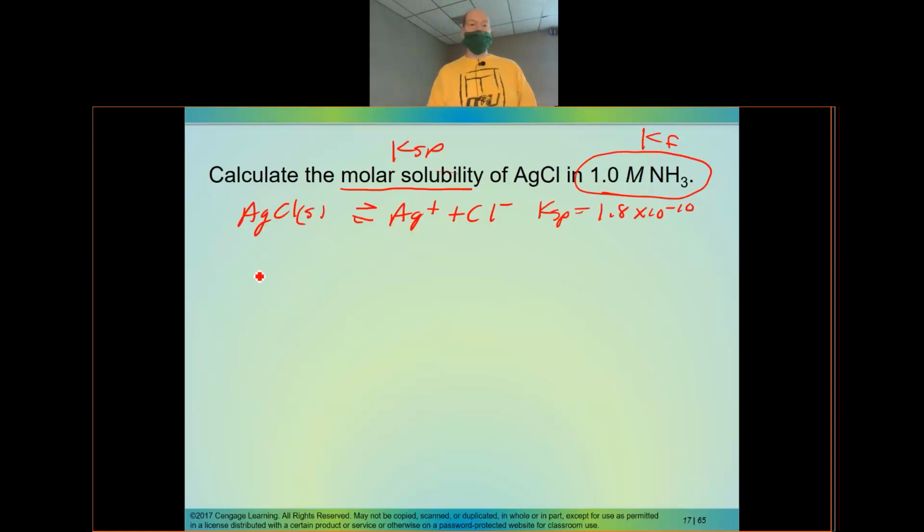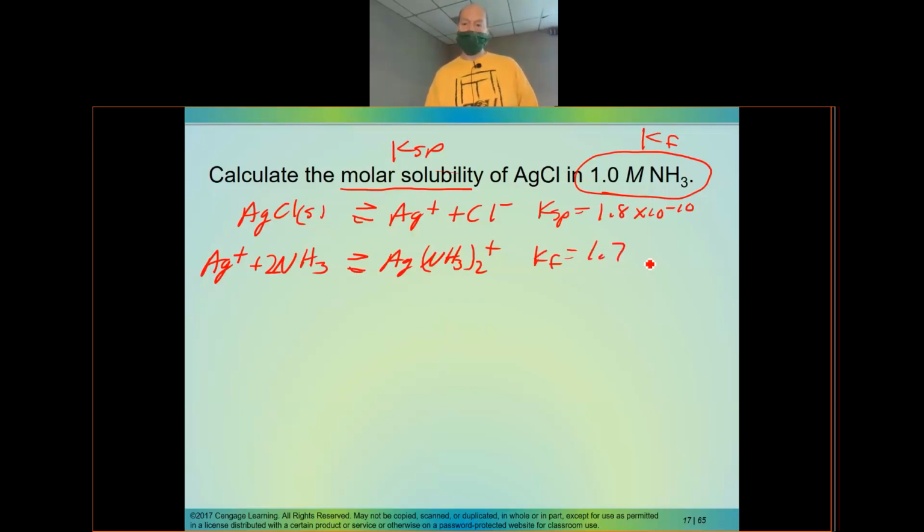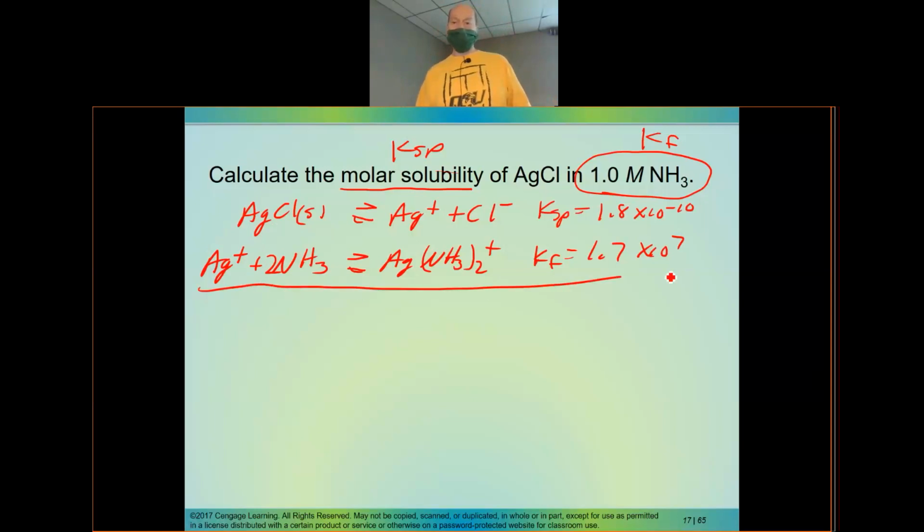You also have your Ag plus reacting with the NH3, two of them, to make your complex ion Ag(NH3)2 plus, and the Kf value is 1.7 times 10 to the 7. All right, and so you're going to add these two reactions together.